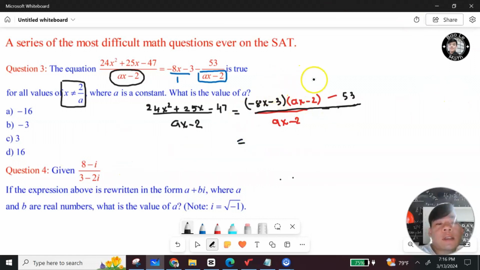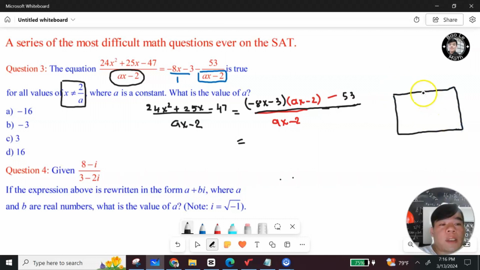Either you use the FOIL method or you use the box method. I always recommend my students use the box method because it never gives them the wrong answer. So use the box method.